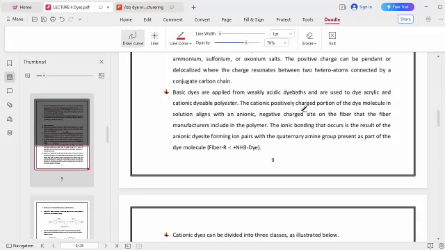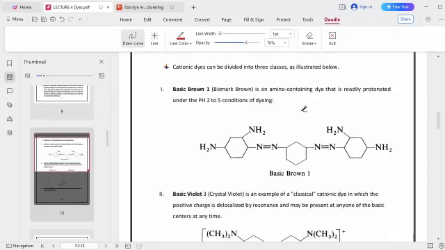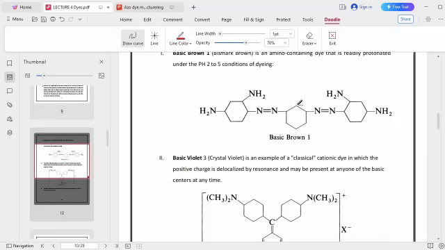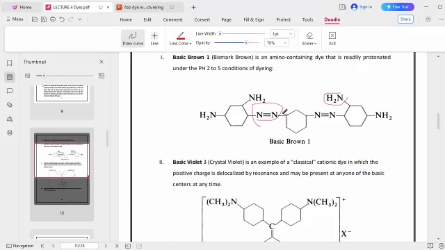Okay, which is shown here. This is basic brown one, and you can see these amine groups, one, two, three, about four. And again, it also has an azo group. You see, this conjugation is through the azo group.